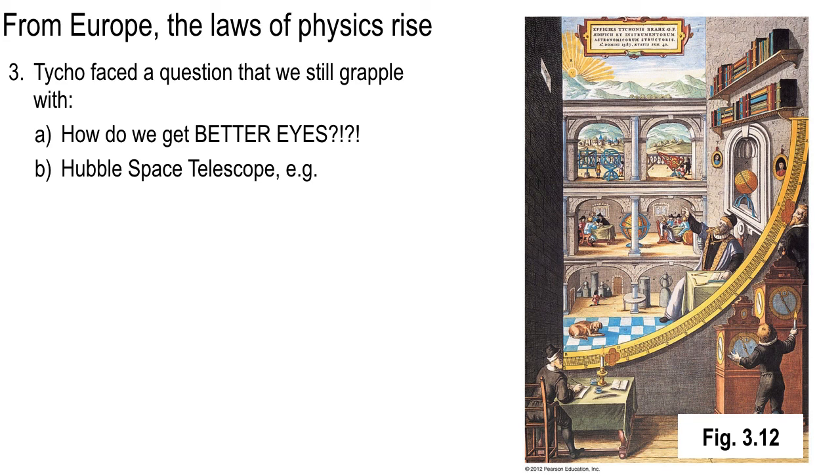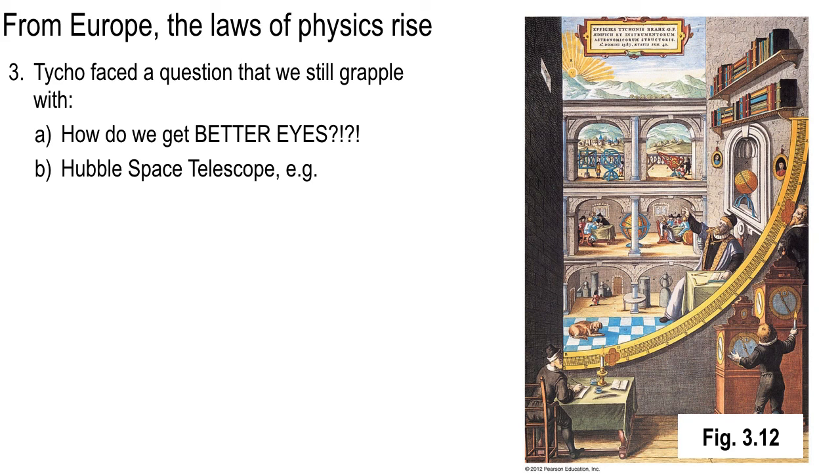The whole thing he was trying to get to was how do we observe more accurately, with more precision? The Hubble Space Telescope and all our other observatories are just steps in repetition of what Tycho tried to do. He had the best observatory in his day until Galileo. And Galileo had a telescope, and that blew everybody out of the water.